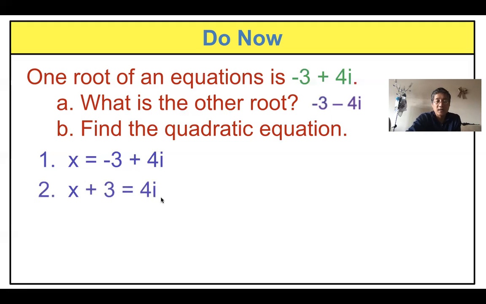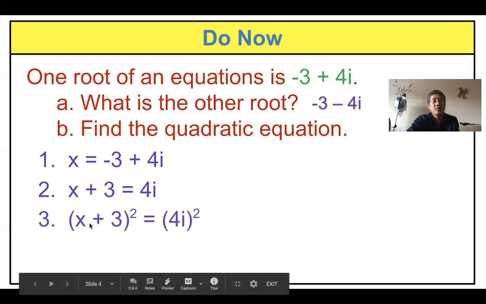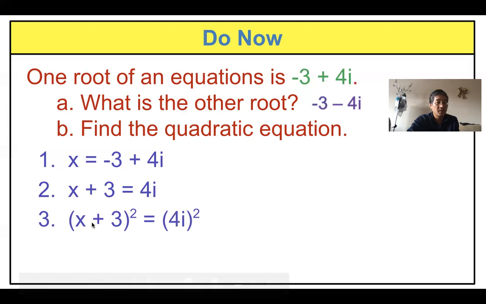Now we don't want to have an imaginary number. So how do you eliminate it? Yes, you square both sides, and you are going to remove the imaginary number. When you square it, this is FOIL, so be careful: it's not x squared plus 9.